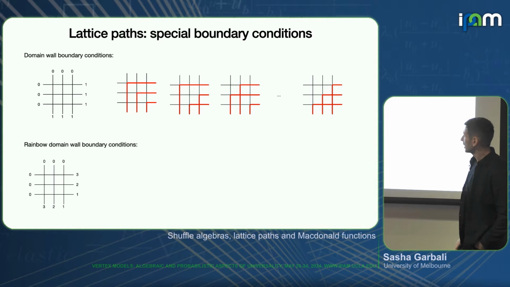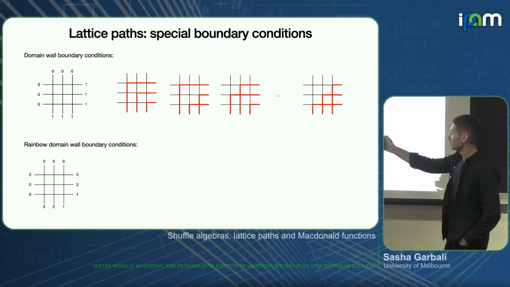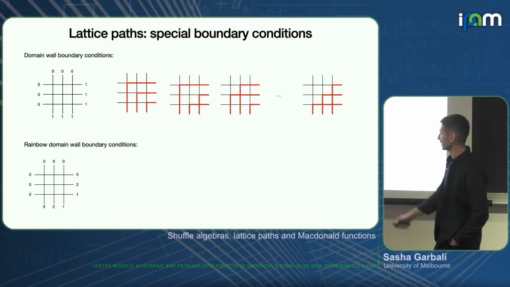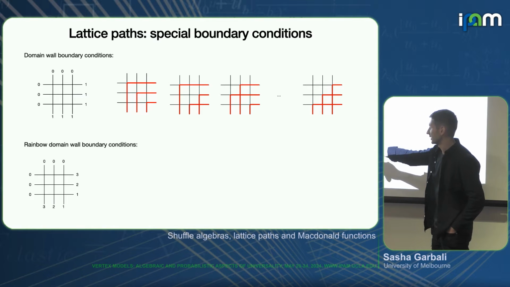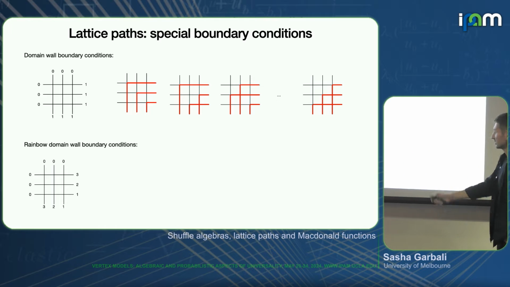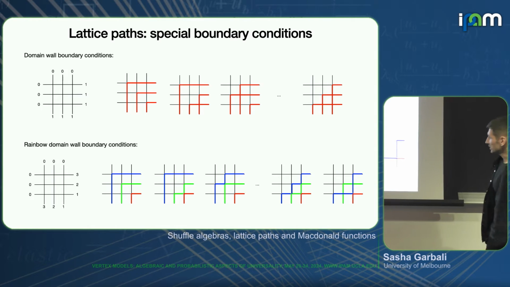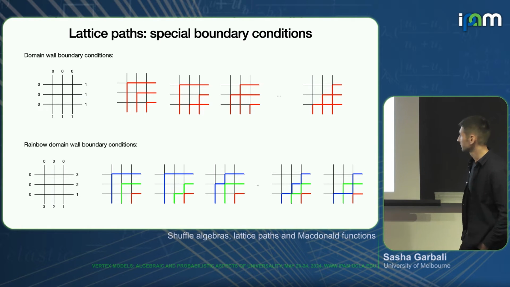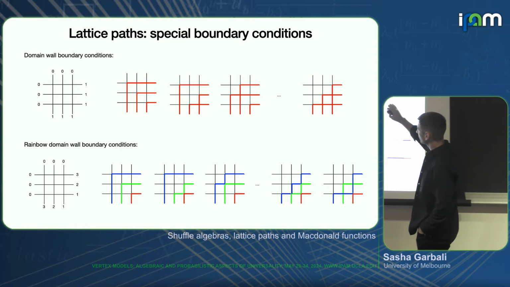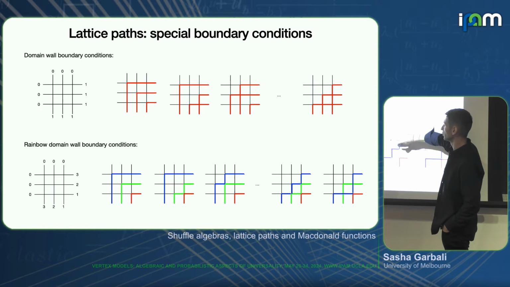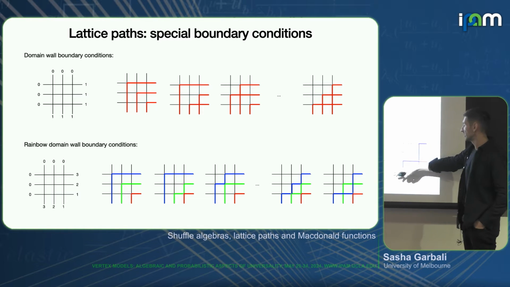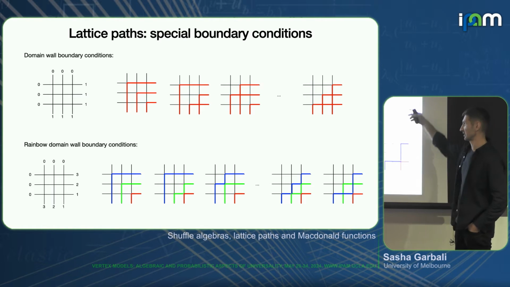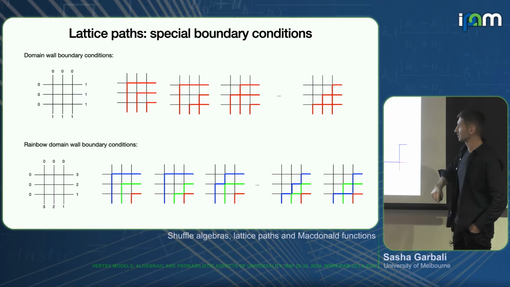Among examples from the colored version, we have the so-called rainbow boundary conditions. So we have zeros and then a sequence of different colors. And in this particular case, we have these examples. If you look carefully at these 2 cases, you might notice that in the colored case, you will have many more configurations than in an uncolored case.